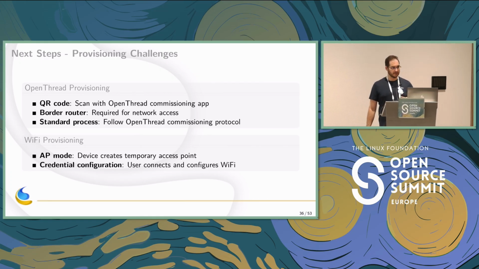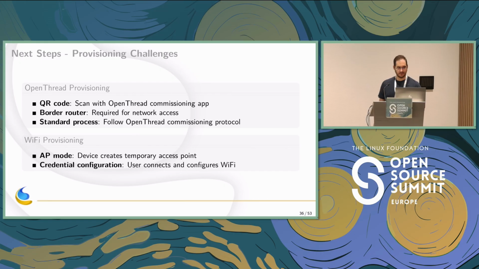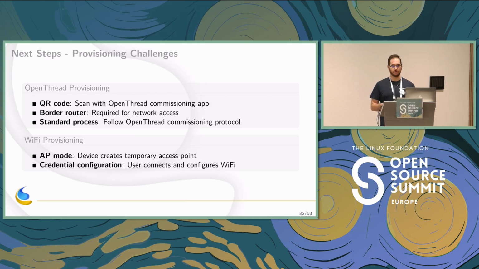So this is already working. We just miss some application for the user, I mean, an application on a smartphone or something like that. And again, it was super easy to do because Zephyr has everything to do that. It was just integration and calling the right functions.